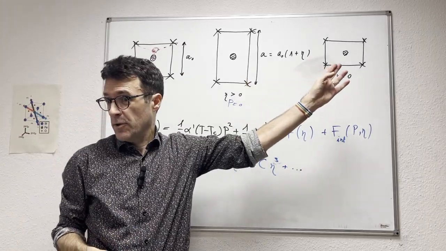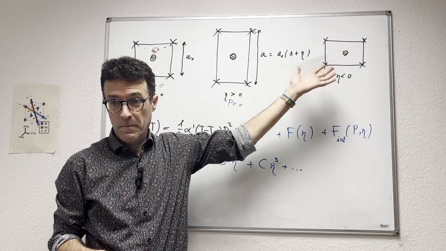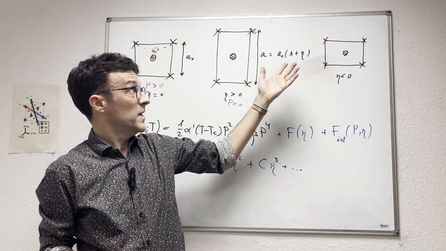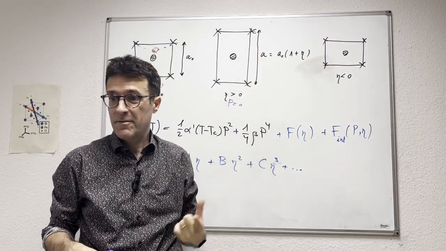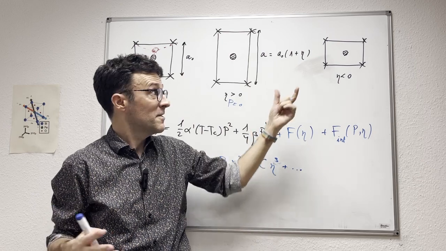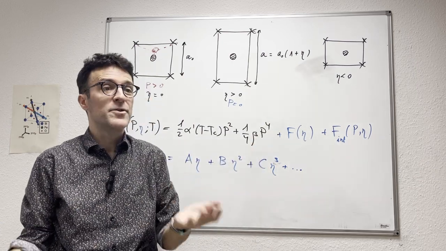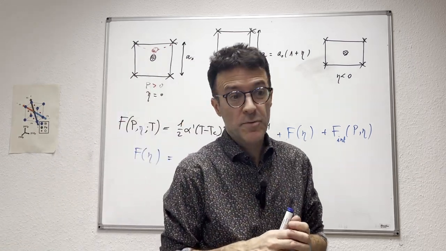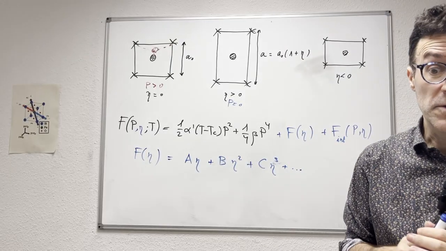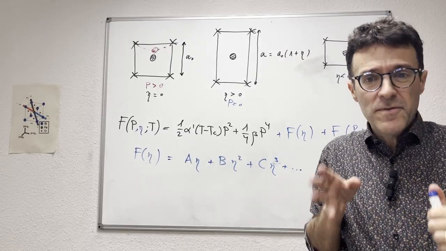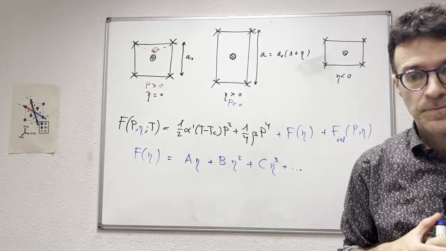These two situations are not related by symmetry in any way. In one of them, if you want, the distances between atoms are large, and in the other one, they are small. There is no symmetry that is going to change the distances between atoms, no symmetry operation. So these two are definitely two different strain states.